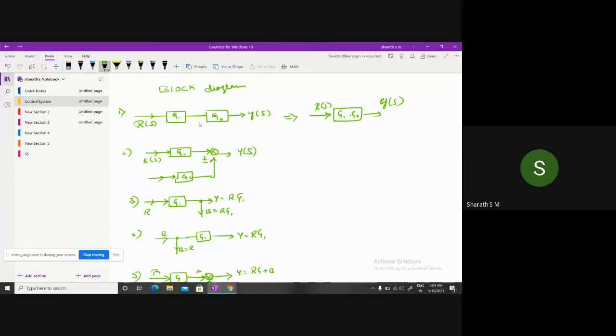The reduction of those two blocks into a single block: for parallel connections, we need to make it an addition, G1 plus or minus G2. You have a plus or minus symbol here. If it is plus, we perform addition. If it is minus, then we perform subtraction.